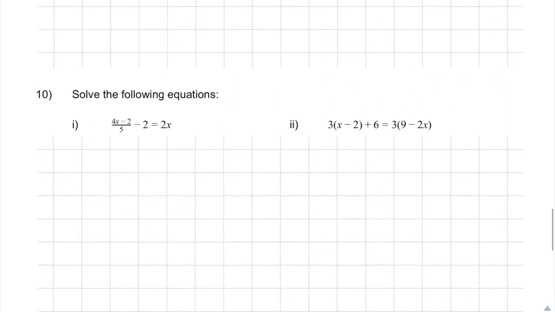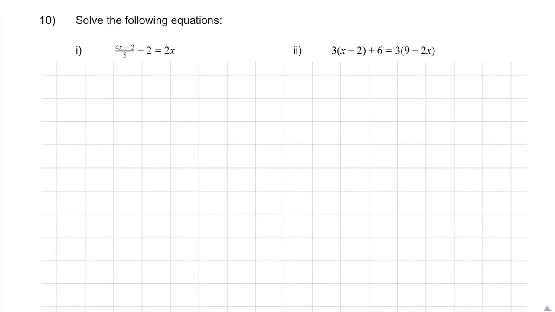Looking at question 10, we are solving the following equations. Now looking at the first equation here, I need to get rid of this minus 2. That is the furthest from the x. And to do that, I need to add 2. So I'm adding 2 here, and I'm adding 2 to the right-hand side. So whatever you do to one side, you must do to the other.